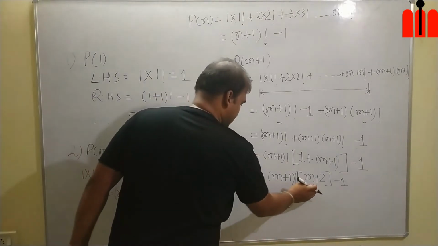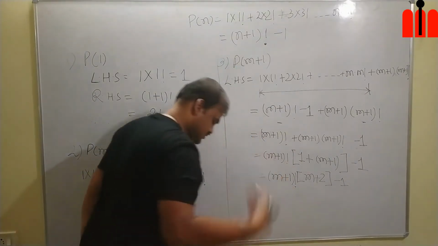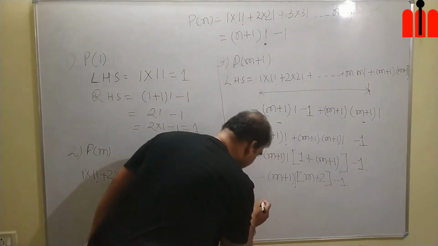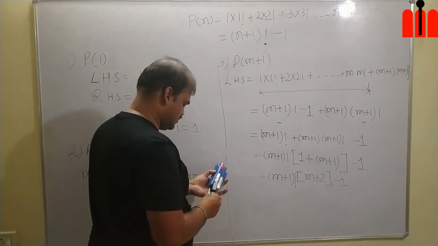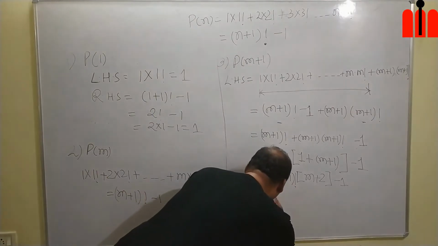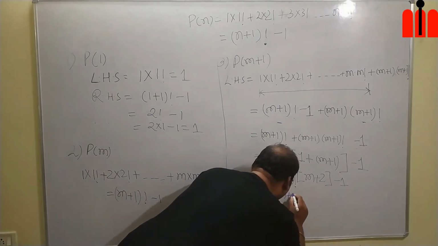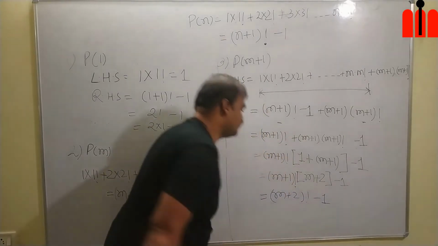So this will become my m plus 2 factorial minus 1.